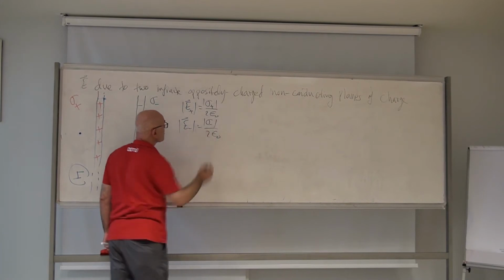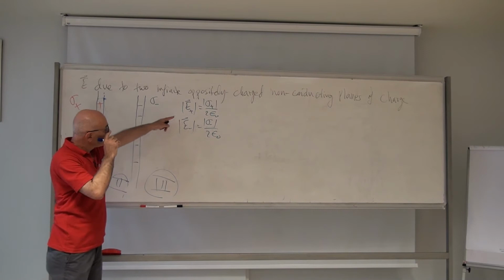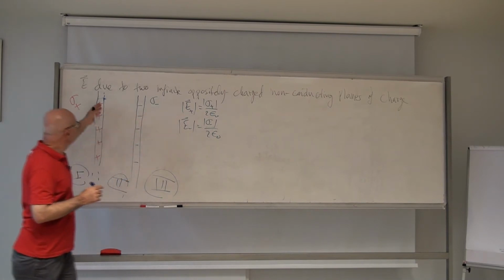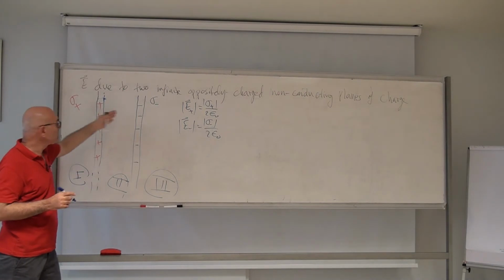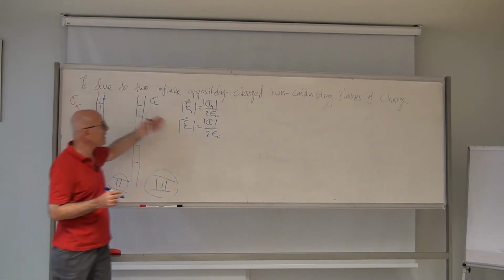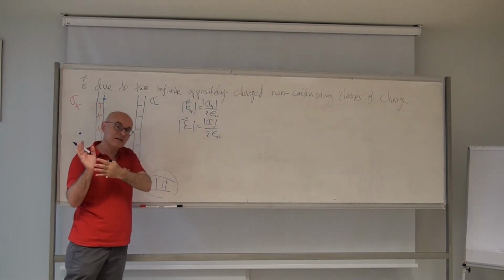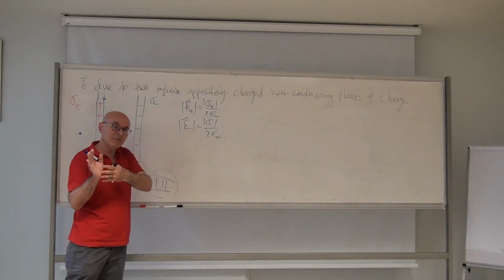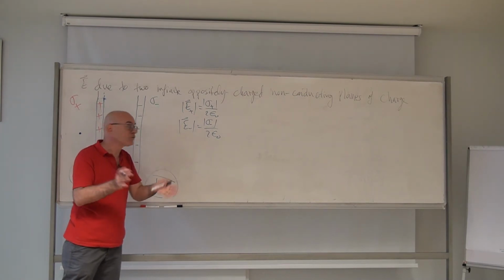You can put magnitude here also, although this is positive. What does this mean? It means that the electric field due to the positively charged sheet, on the right or on the left, as a magnitude is just the charge density divided by 2 epsilon naught. This is the result from our example of a single infinite sheet of charge.